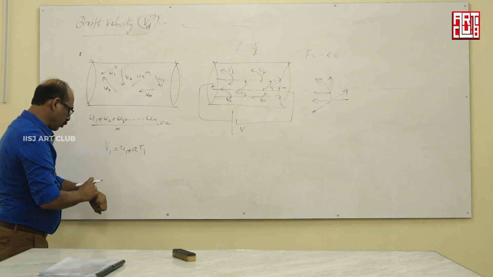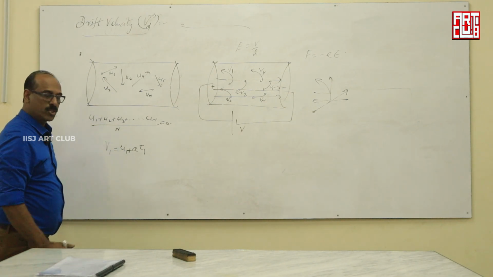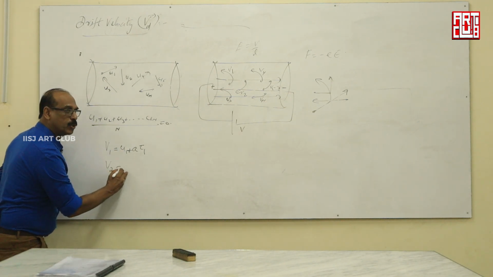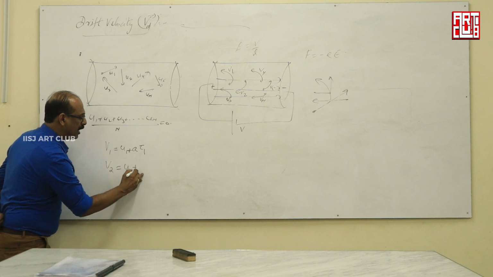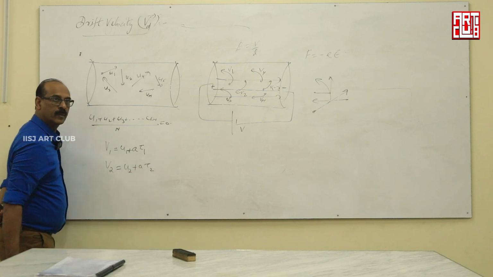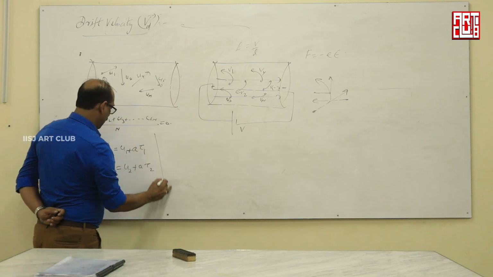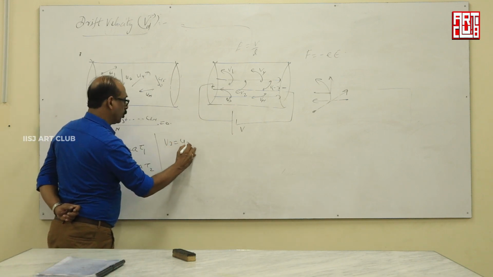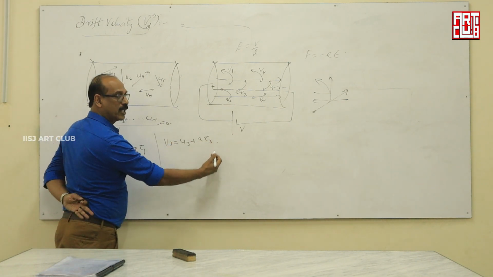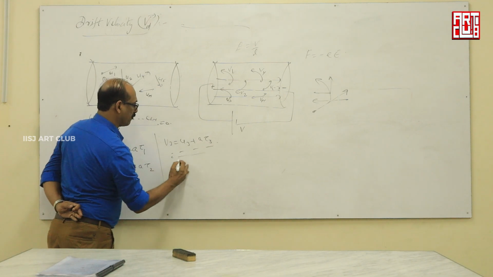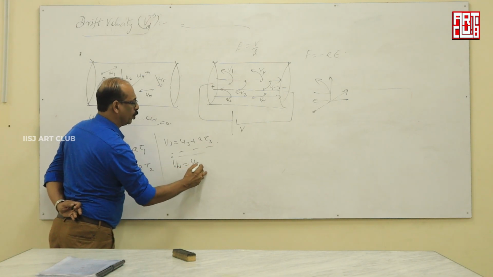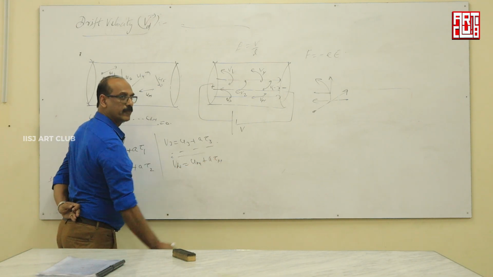This is applicable to every electron. So the second electron will have V2, that is U2 plus A tau 2, which has another relaxation time. Clear? Similarly, V3 is equal to U3 plus A tau 3. Like that, we can write for every electron: Vn is equal to Un plus A tau n.